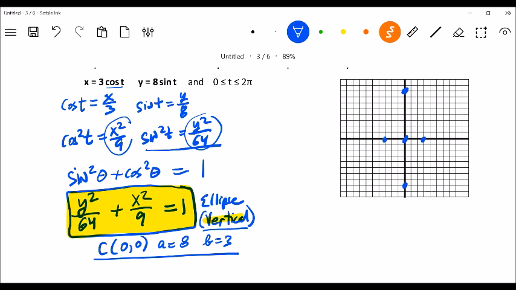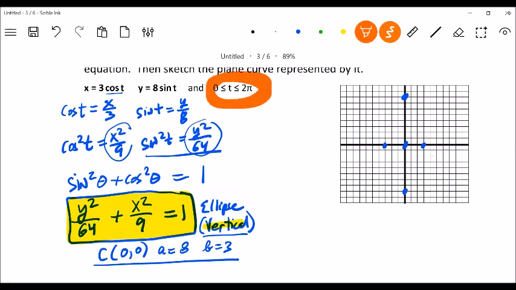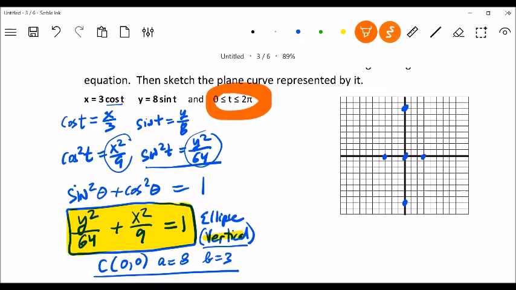Now let's look and see about what we can use. Over here, it looks like we can use the entire round part, starting at 0, going all the way around as if it was the unit circle, because we have 2 pi at the end of it. So I'm going to draw up to here and continue drawing.